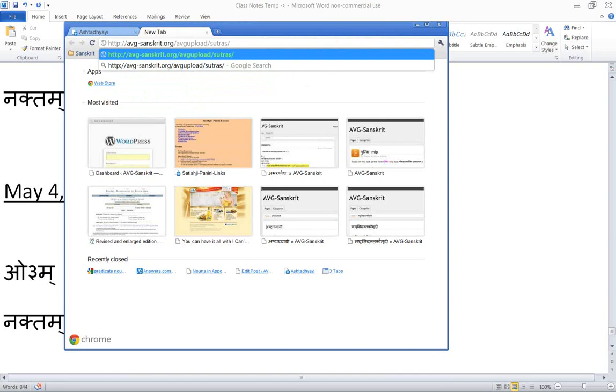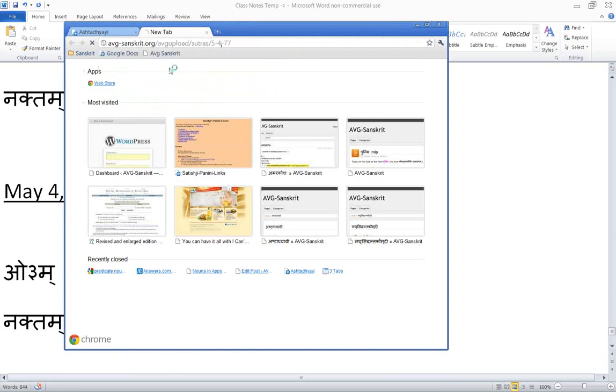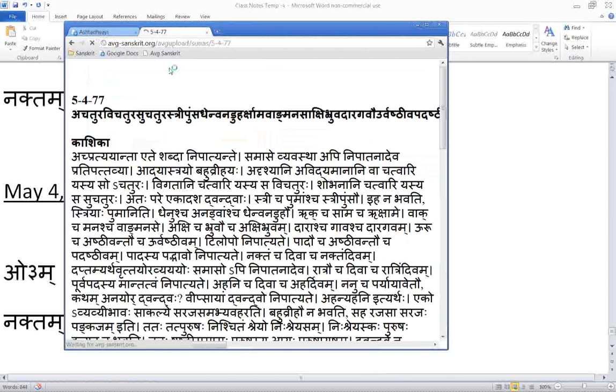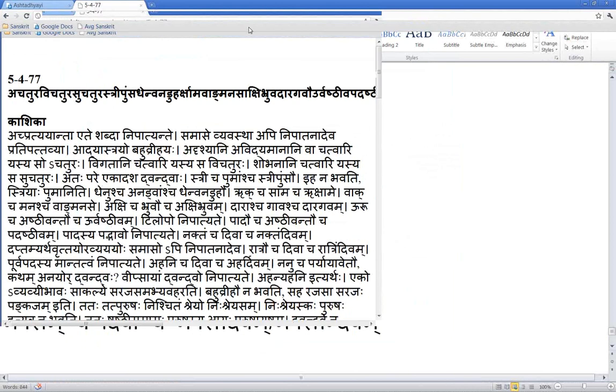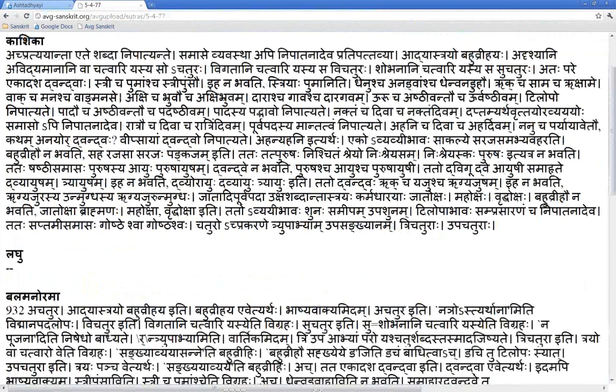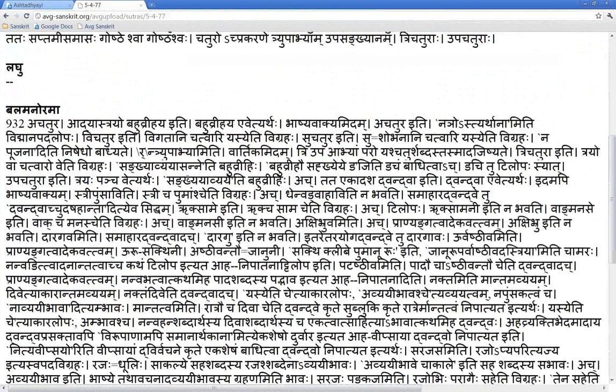Which one do you want? Oh, you have to put the number, 5.4.77. Okay, I got it. That is fine. This is the Kashika. But if you go below, you'll have Balamanorama. Yeah. Okay, thank you. Okay, now good. I learned a new thing today. Maybe let me put this on my favorites page. Hold on.